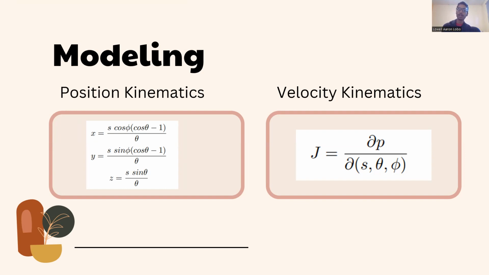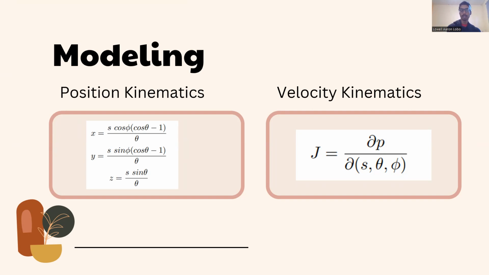The Jacobian is found as the partial differentiation between the end effector position and the robot parameters. Over here, P is basically the end effector position, x, y, z. And the robot parameters chosen here are s, the arc length, theta, the elevation angle, and phi, the rotation about the z-axis, the angle with respect to the x-axis.